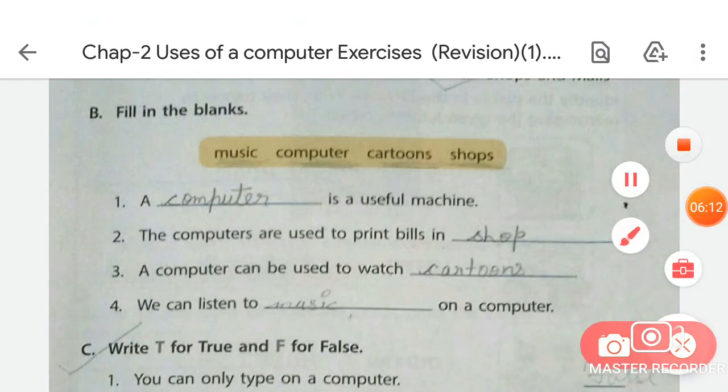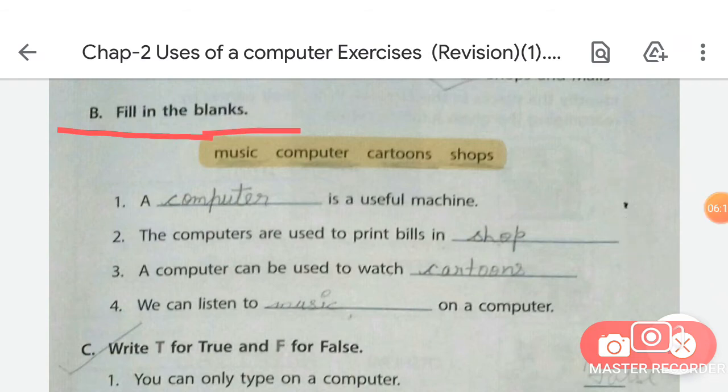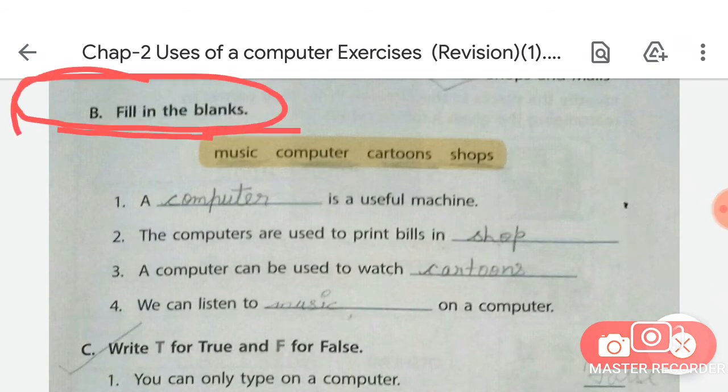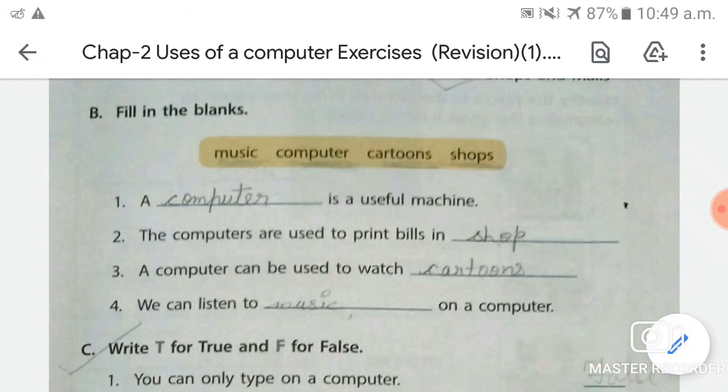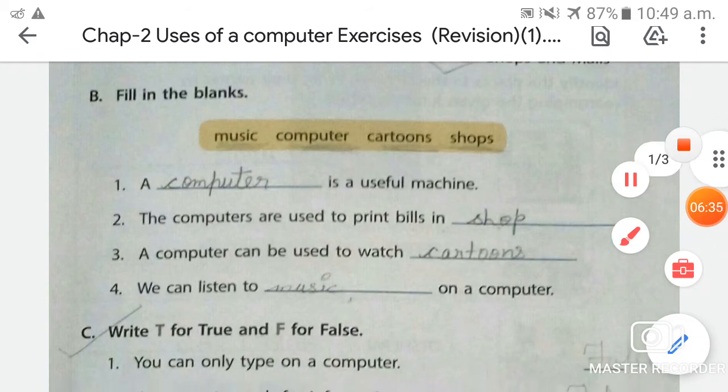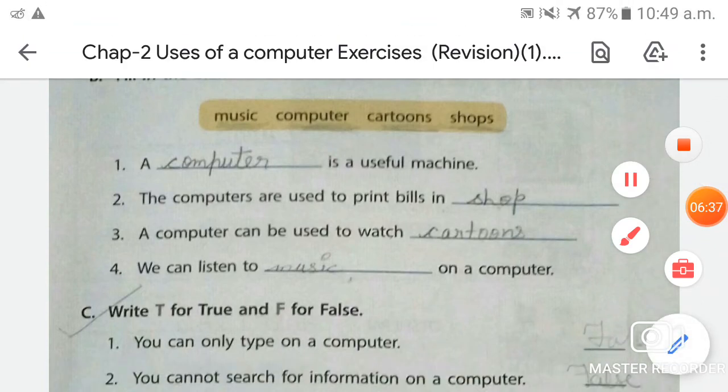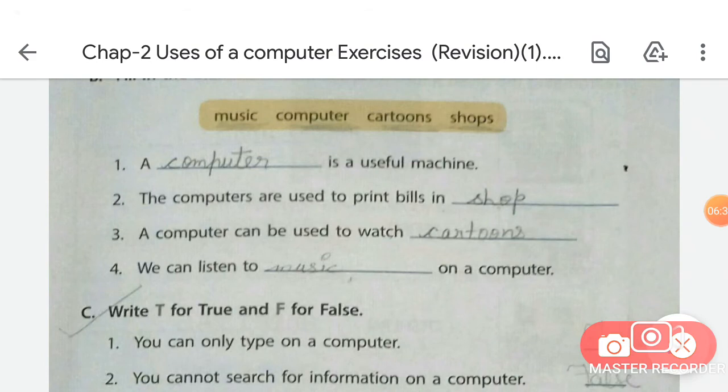Now move on to the next exercise, exercise B. Fill in the blanks. Here you can see, students, a box is given. Look at this box in your book. Four words are given in this box: music, computer, cartoons and shops. You have to choose the correct word from this box and fill in the given blanks. Is that clear?